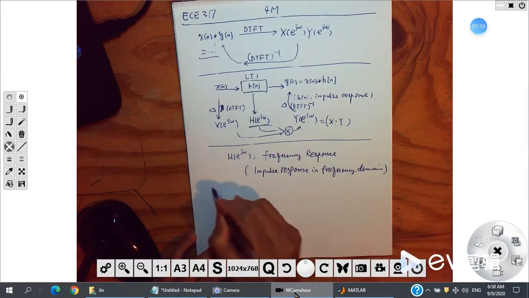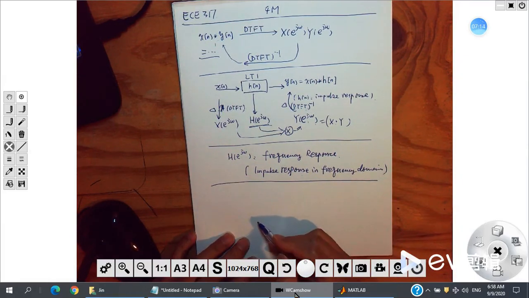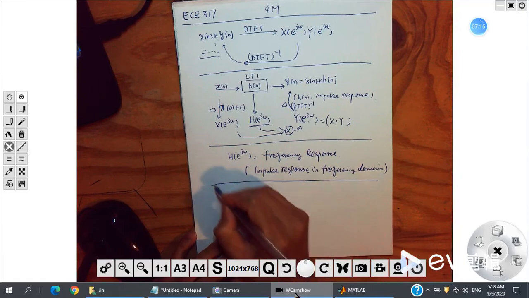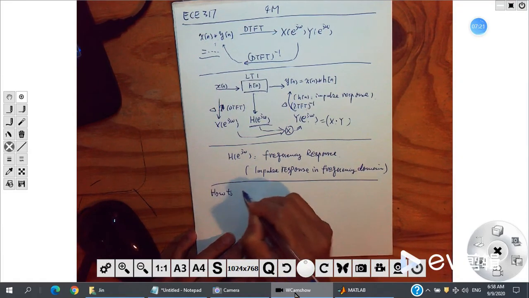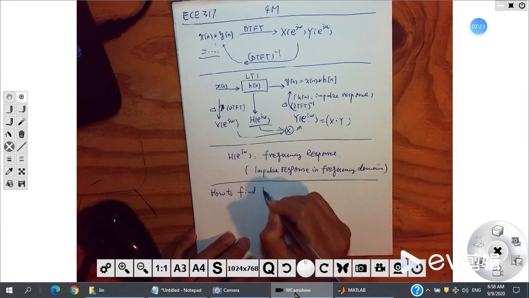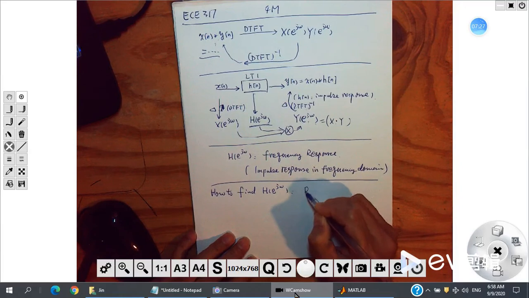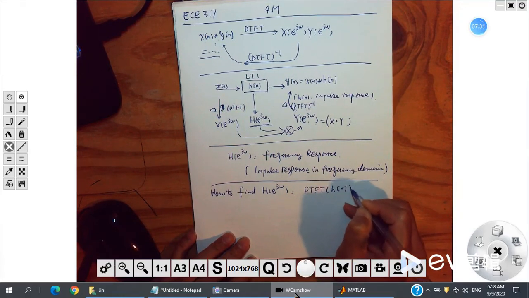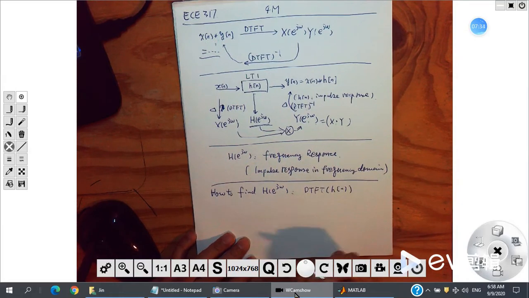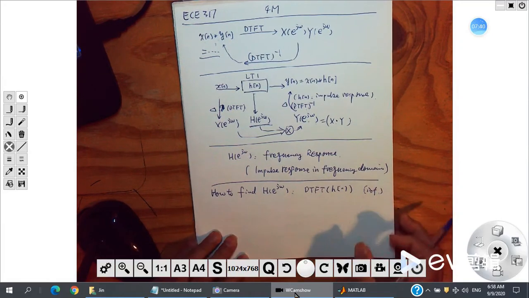Then how do we get this capital H? By definition, it is the DTFT of h of n. This is one method, basically. It's a kind of definition. But we have another way to find this one.